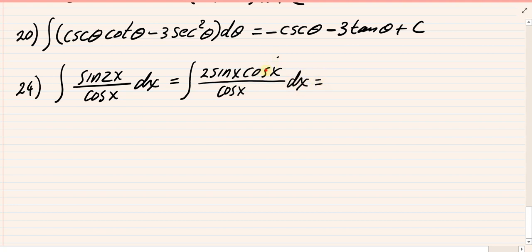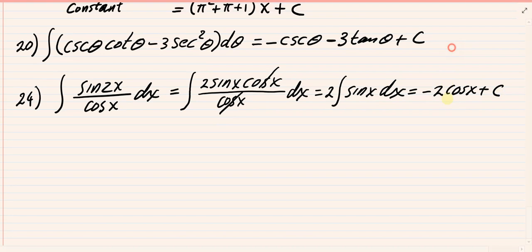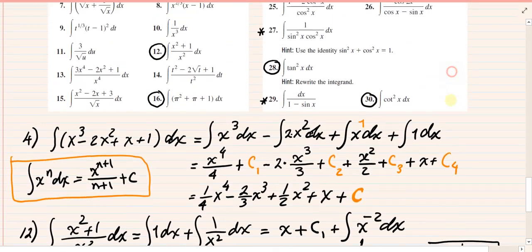And then we can, of course, divide the cosine out, bring the 2 in front, and that's just the integral of sine x dx. Now this is something that's in our table of antiderivatives. The integral of sine is going to be negative cosine x. And don't forget the c. These are indefinite integrals, meaning we want the family of antiderivatives.